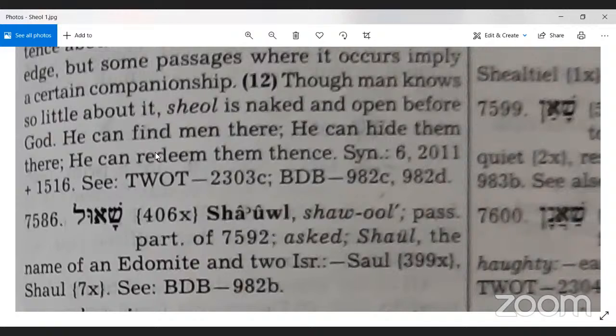And this points out that the Most High can find you there. He can hide you there. If there was a need for him to hide you, he would place you in Sheol, whether you're good or evil. If there was a need for him to hide you for whatever reason, he could place you there.